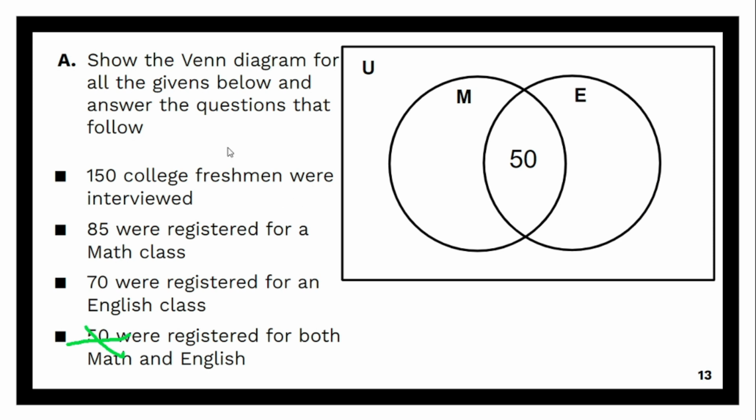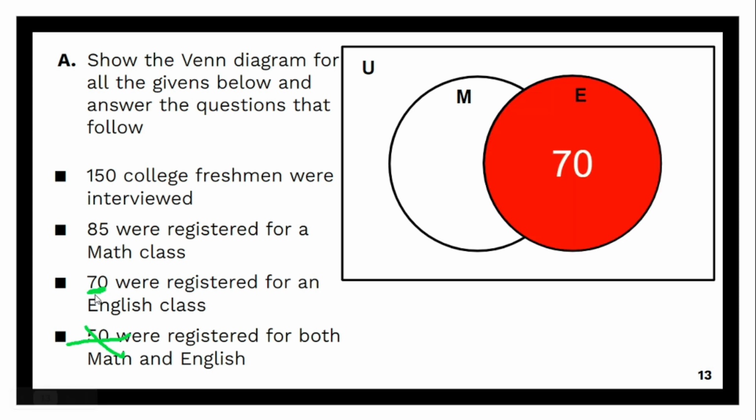Next, so sabi naman, meron pong 70 na nag-register for English. 70 daw yung mga bata. So, ayan. Dapat 70 yung kabuuan natin for the Venn diagram. Tama? But, we already have 50 dun sa intersection. So, meaning to say, ilan lang dun yung sa natin? We have 20.